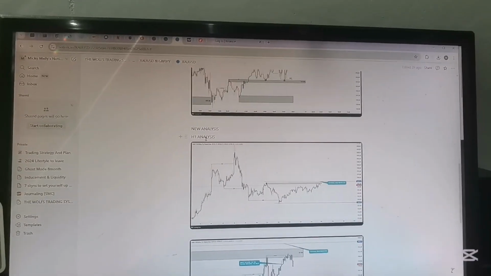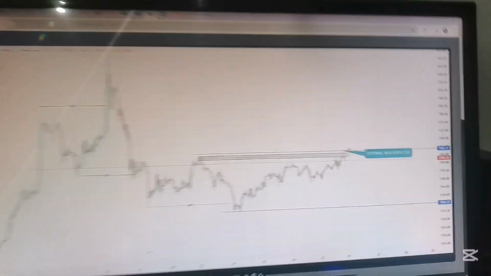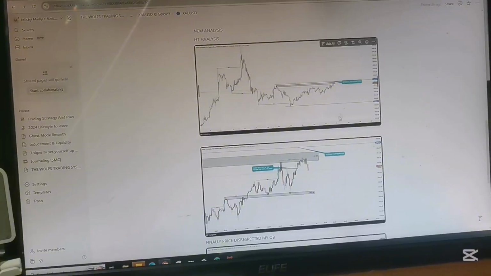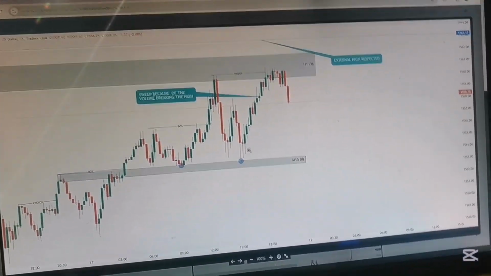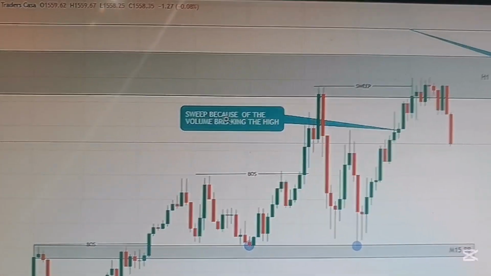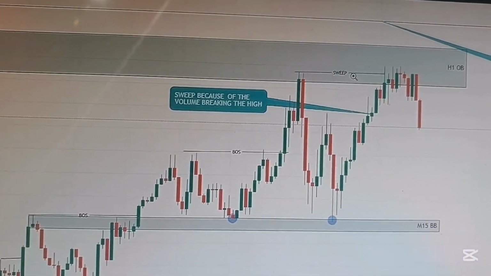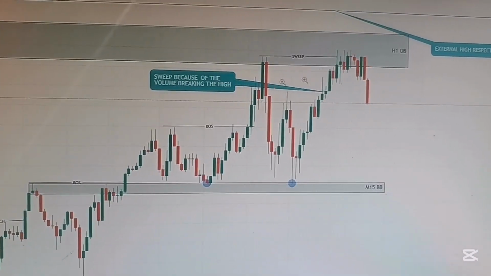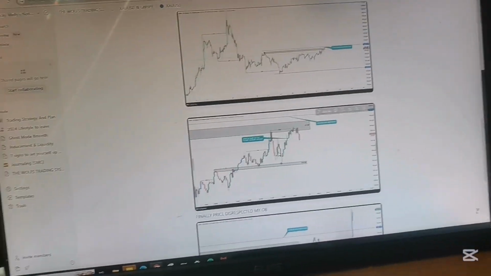So this is a new analysis. 1 hour analysis was on my external high respected, you can see. And the next one, you can see on the 15-minute time frame, this I said sweep, because I took this particular break as my sweep of liquidity because of the volume breaking the external high, respected, and the double bottom, you can see.